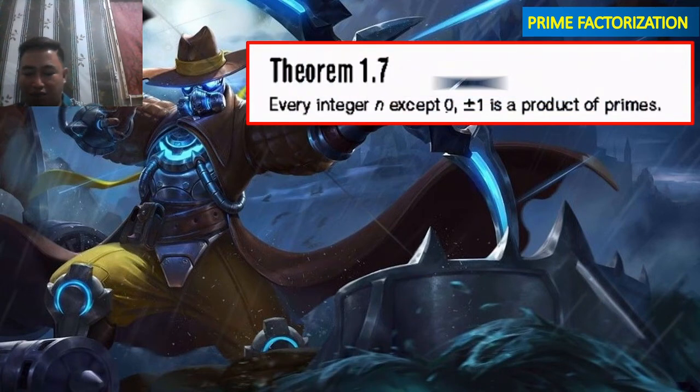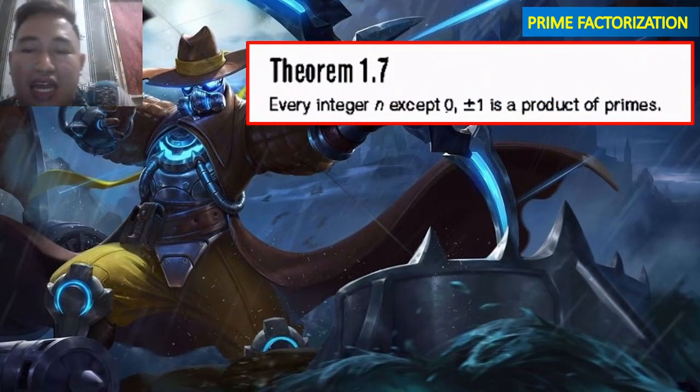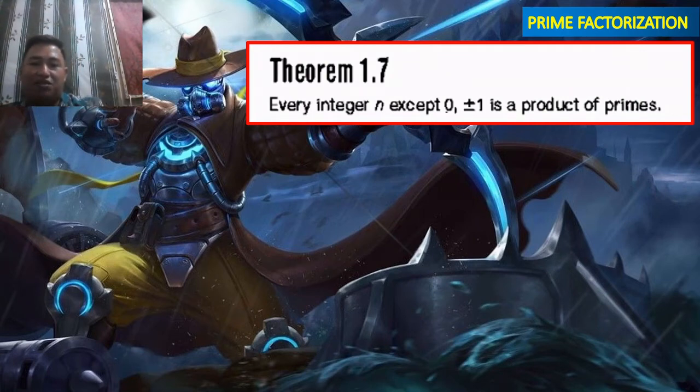Okay. Theorem 1.7. Every integer n except 0, 1 and negative 1, so dili silang tulo, is a product of primes. So, pwede si 2, product of primes, 2 lang.